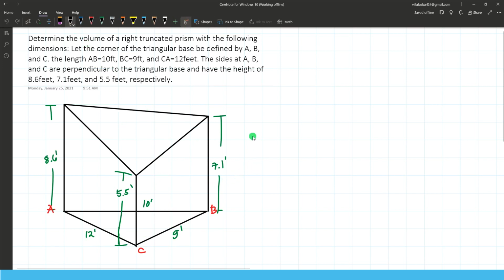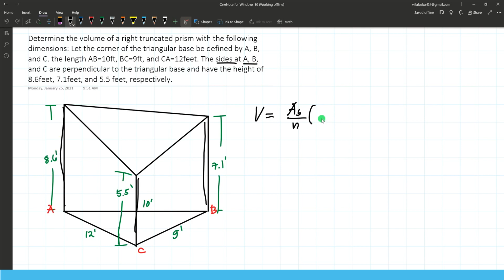So the solution is the volume is equal to the area of the base divided by the number of sides times the sum of the sides A, B, and C, or the perpendicular sides with respect to the vertex of the base, or the altitudes of each side.